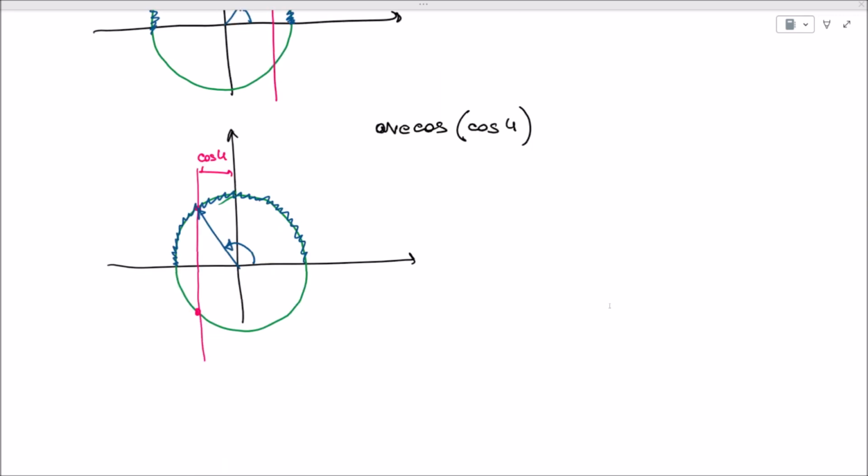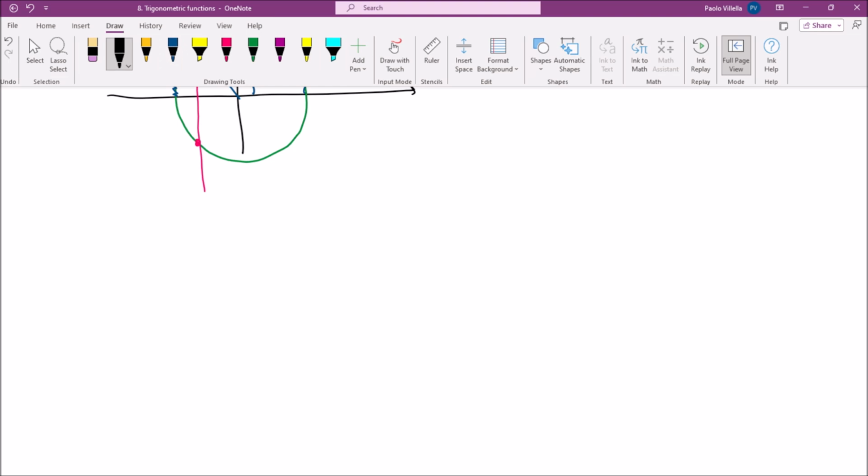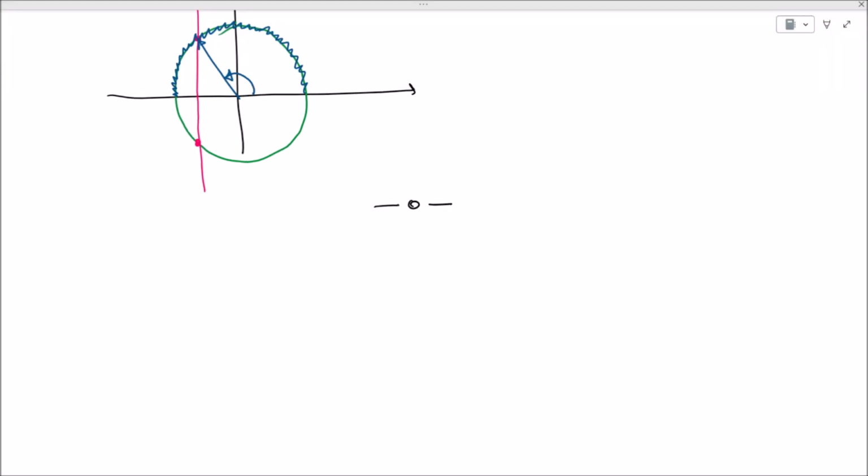Let's conclude this lecture on trigonometric functions with an important formula that will be relevant in the future. And the formula is the following.